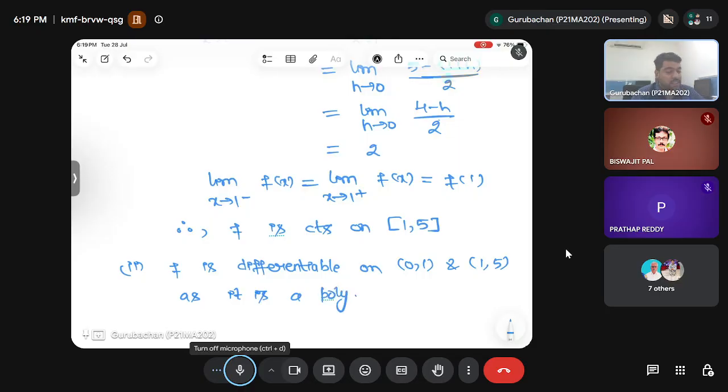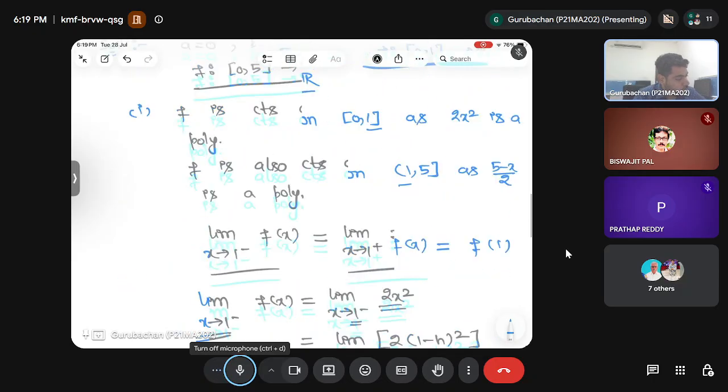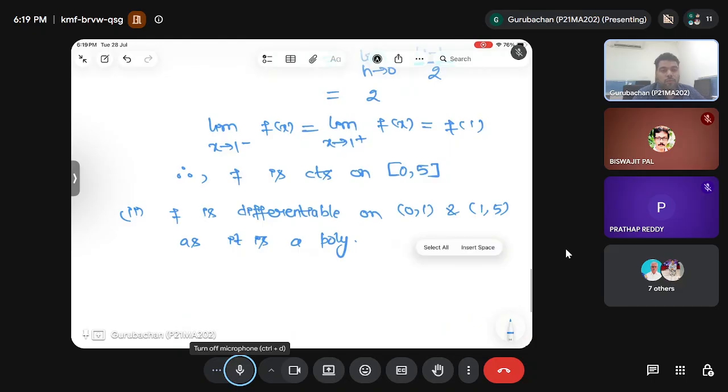But since we are talking about the whole interval, sorry, is there some error? Yes, here it will be 0 to 5. You're right. So we want to make sure our function is differentiable in the whole interval 0 to 5. To do that, we need to check the differentiability at x equal to 1.